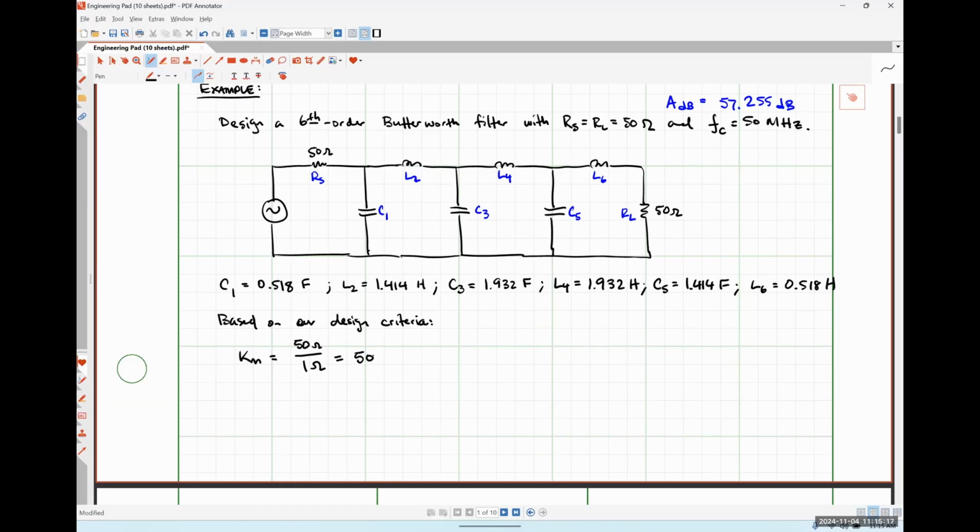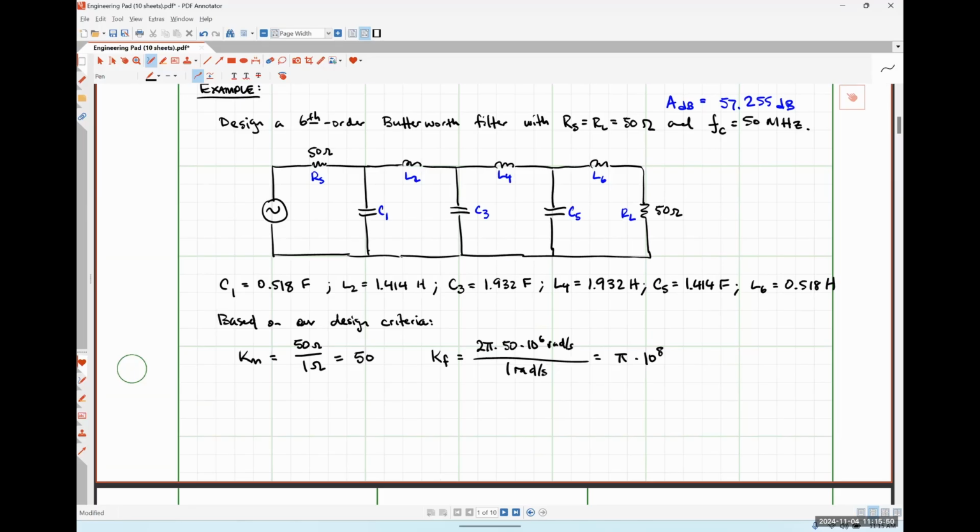And we know that our frequency scaling factor, Kf, is going to be 2 pi times 50 times 10 to the 6th radians per second over 1 radian per second, which is pi times 10 to the 8th. We okay with all that kind of good stuff, right?